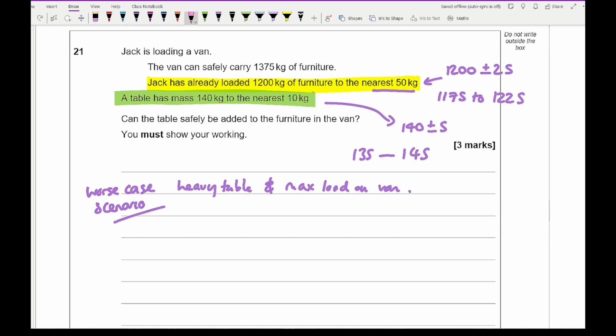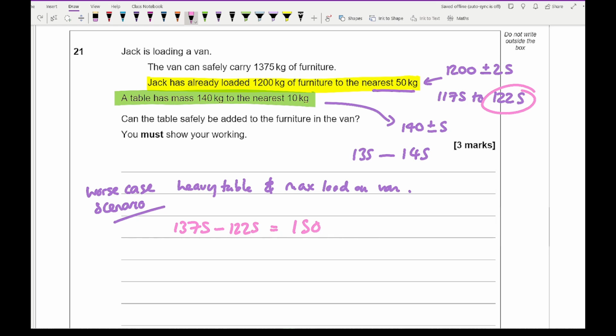So from this, we've got 1375 minus the heaviest, which is 1225, and that's going to be an answer of 150.